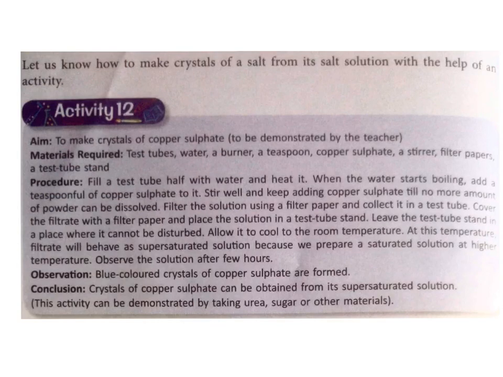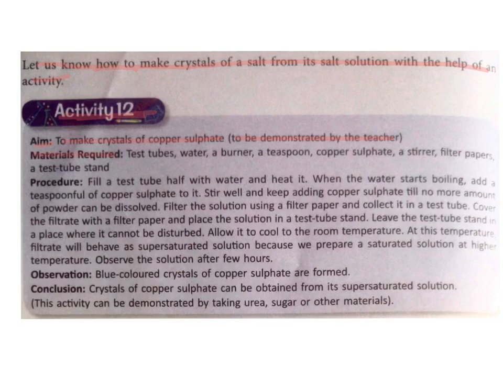Let's understand crystallization with the help of an activity. Let us know how to make crystals of a salt from its solution. Activity 12. Aim: to make crystals of copper sulfate, to be demonstrated by the teacher.